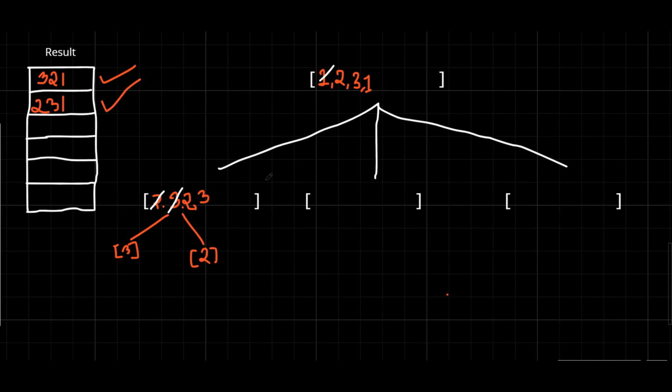The logic for the rest of the permutations is actually the same. Anyways, I am explaining it right now. Now, we have to ignore the value 2 and our resultant vector will contain the values 3 and 1. Now for this 3 and 1, we are ignoring the value 3 and our resultant vector will contain only the value 1.